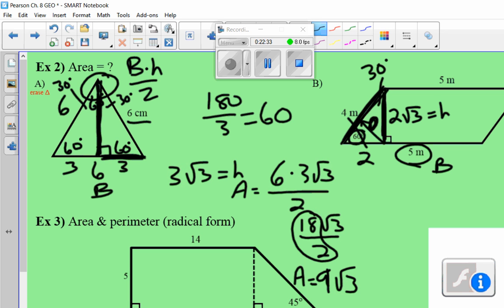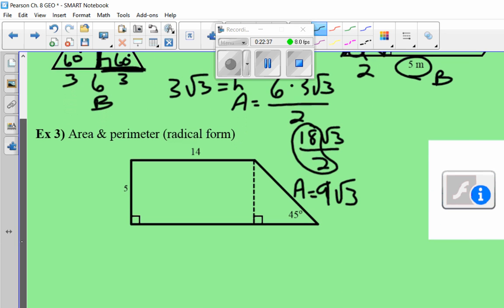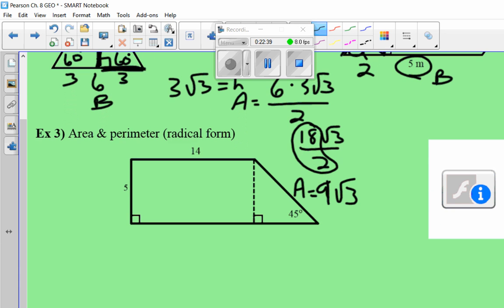All right. Let's go down to example number 3. This is a trapezoid. For a trapezoid, the formula is this. Okay, we've done this before, but H stands for the vertical height.